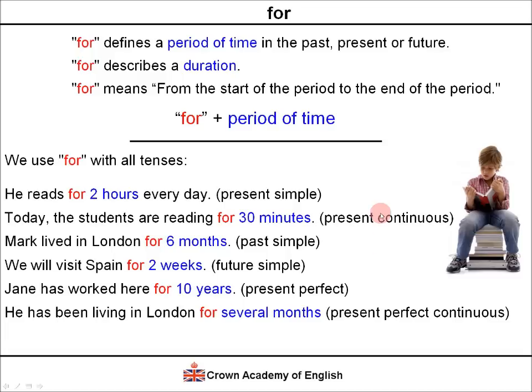Has been living. And the final example, I had studied French for 5 years. So this is the past perfect. So very important, for followed by a period of time, and we can use for with all tenses, past, present, or the future.